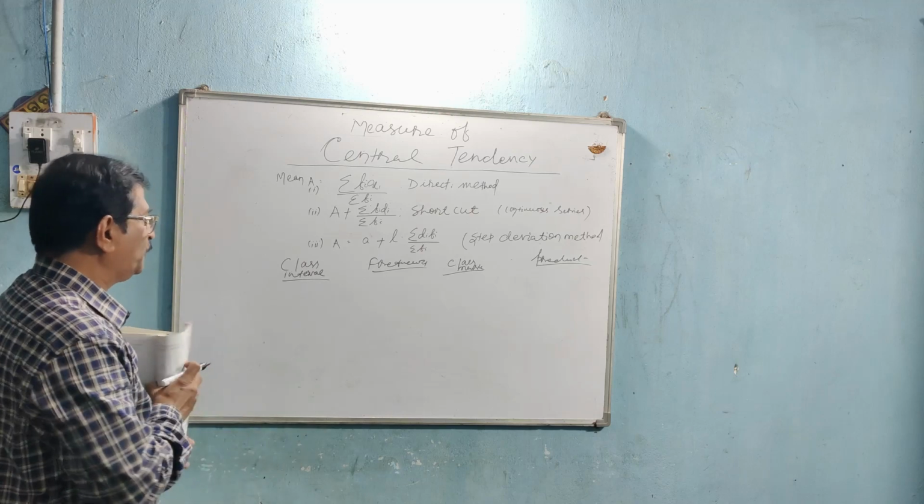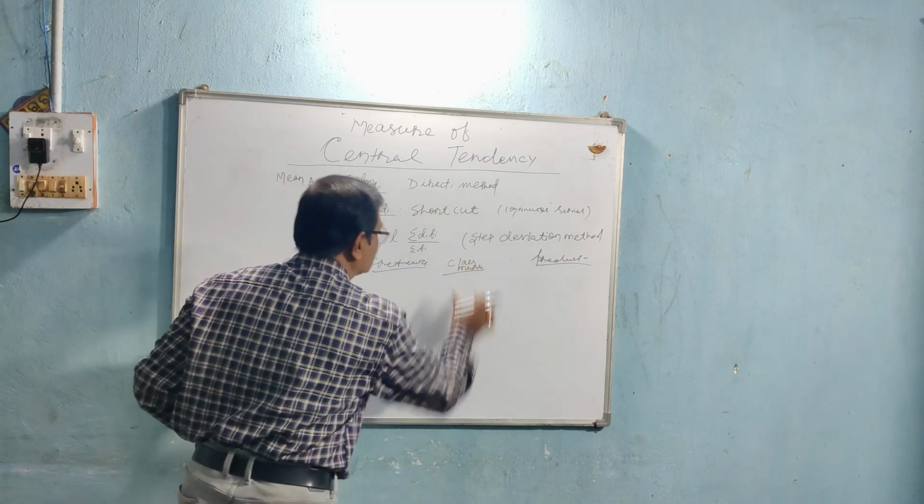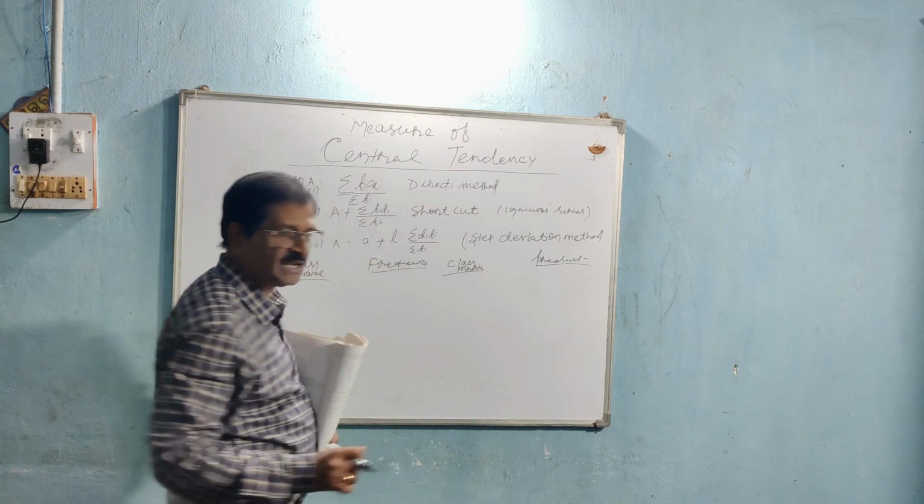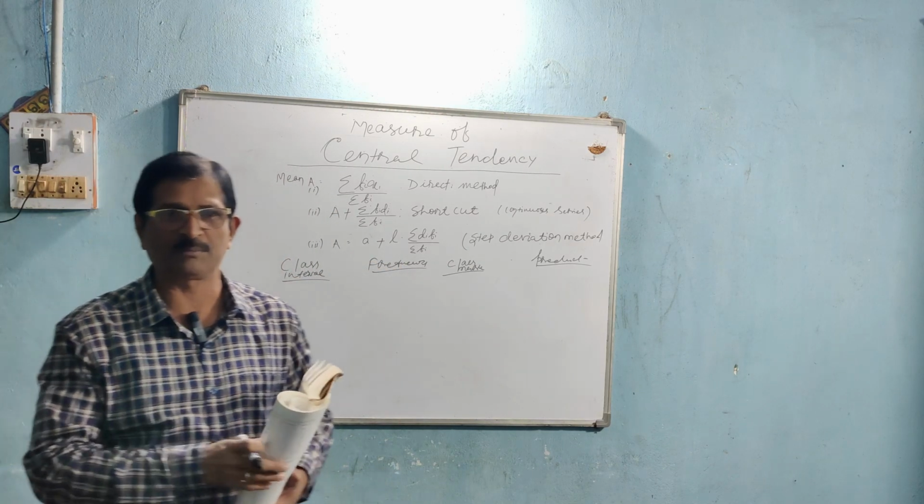One thing I want to tell you: in your question you will not get all of this. You will only get the class interval and frequency, and thereafter you have to solve the problem.